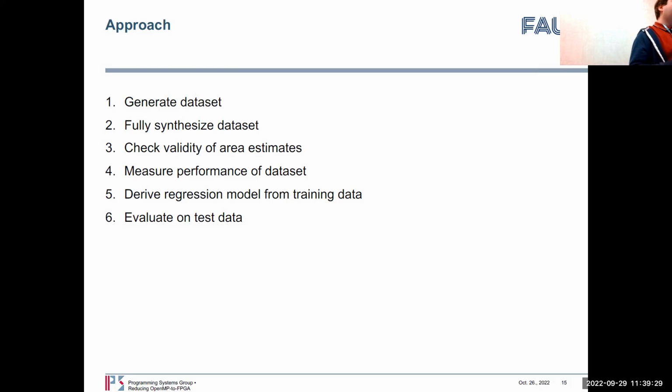And then we ran every sample on hardware. We generated the binaries, we generated the bit streams, and we ran the heterogeneous system and measured the performance. And after that, we separated these data sets into two, a test and a training data set, really classical. And then we tried to learn to predict performance from the initially supplied area estimates.